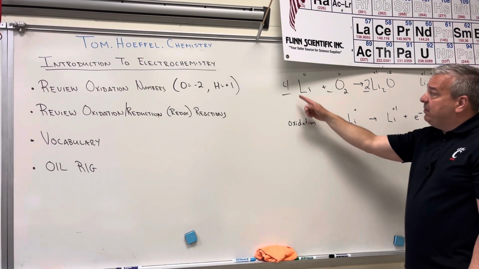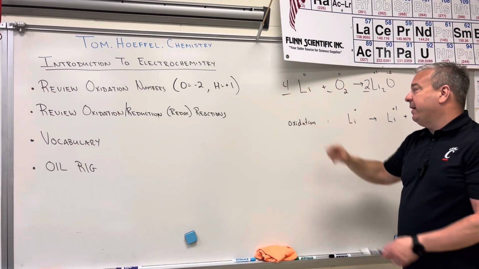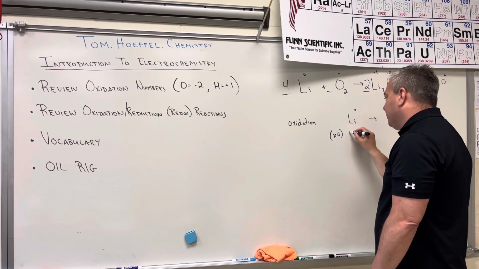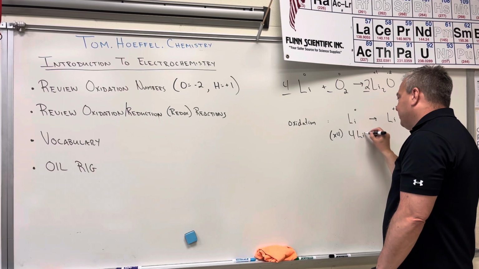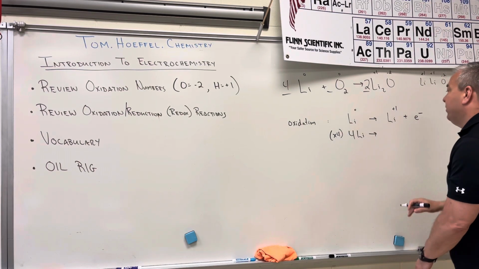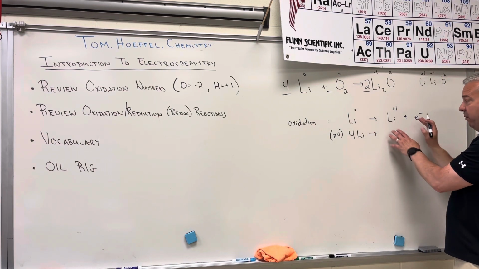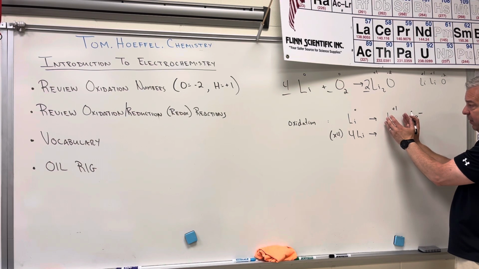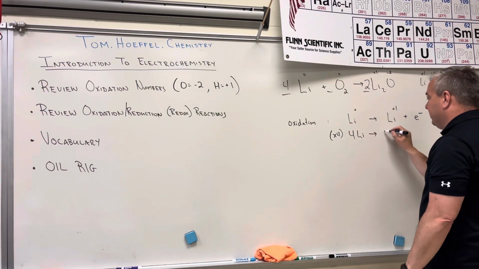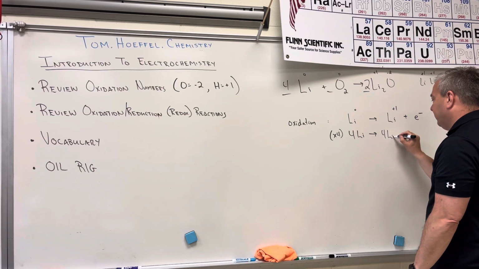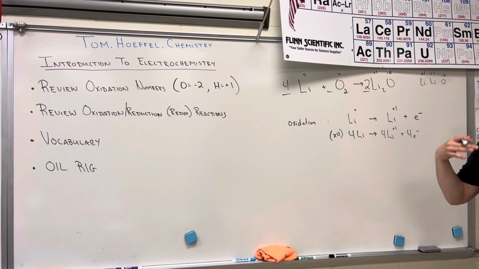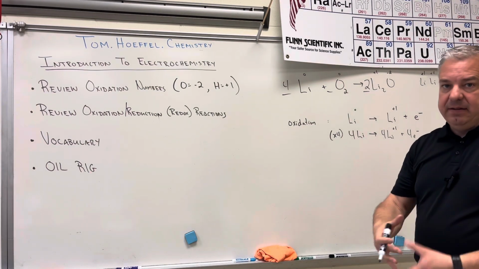Now I'm going to multiply this equation by 4, because there's 4 of them in the original equation. So this is going to look something like this. If it took one electron to make 1 lithium +1 neutral, then it's going to take 4 electrons to make 4 lithium ions neutral.